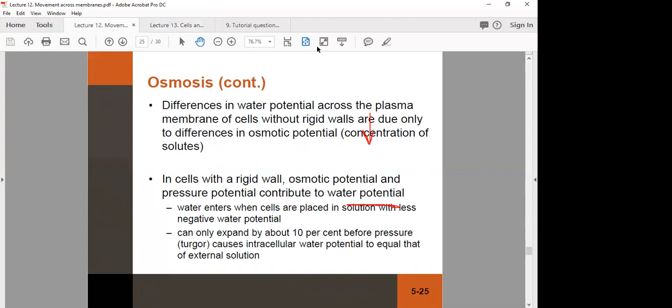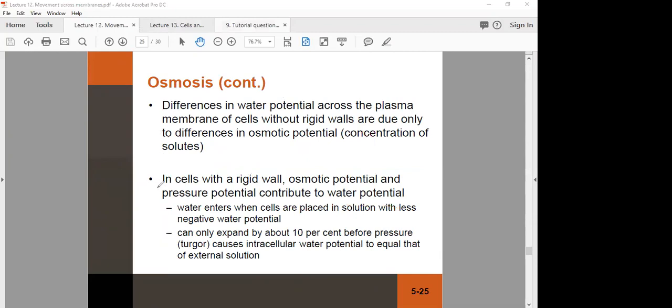Okay, let me get rid of this. Okay, so in animal cells, the differences in water potential across the plasma membrane are due only to differences in osmotic potential. That is, differences in solutes on either side of the plasma membrane.